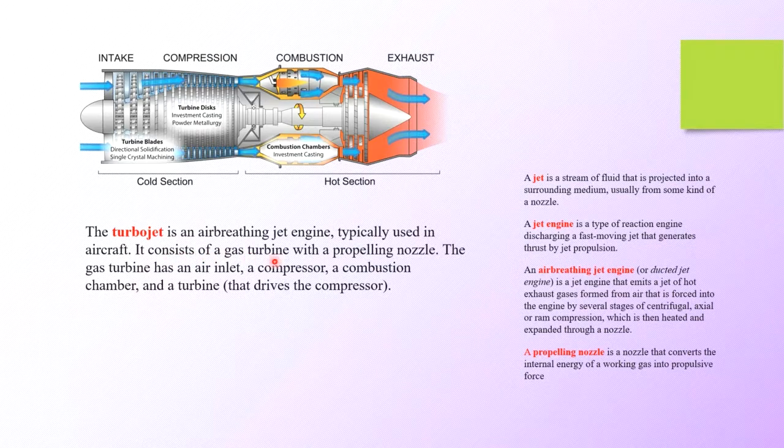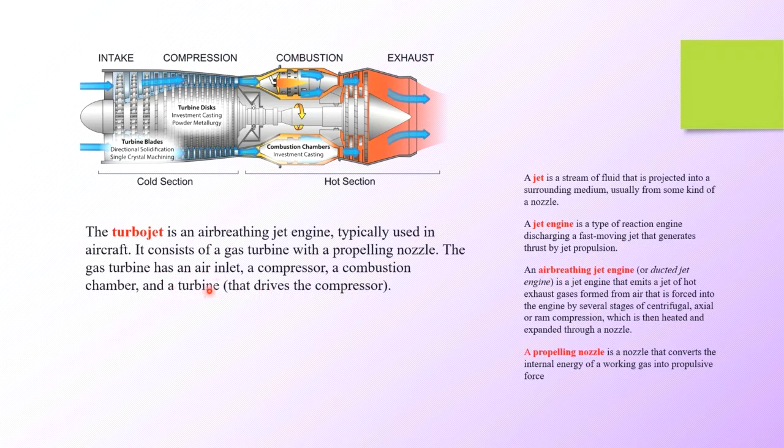It consists of a gas turbine, which is what we are looking at now, with a propelling nozzle. The gas turbine has an air inlet, a compressor, a combustion chamber, which we can also call a combustor, and a turbine that drives the compressor.